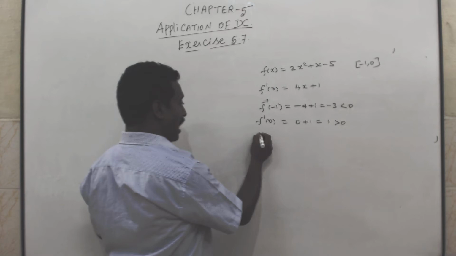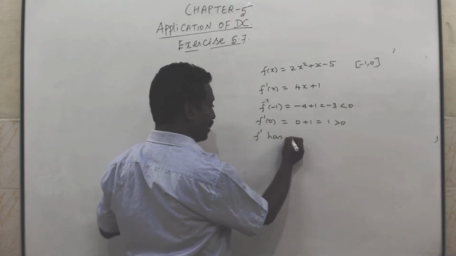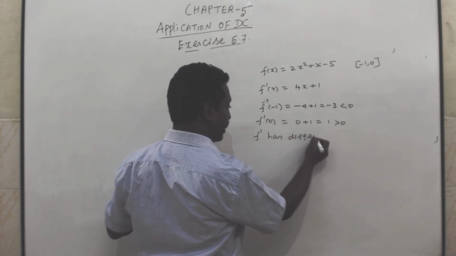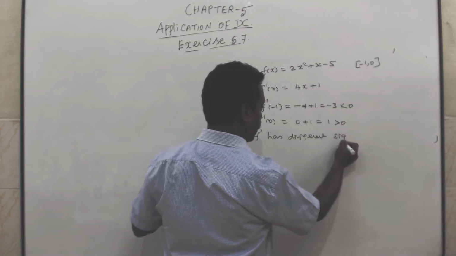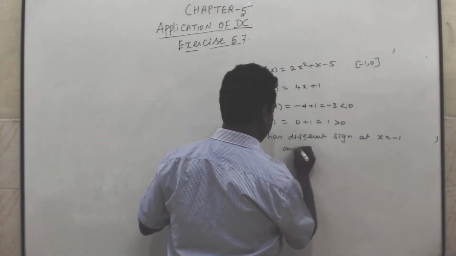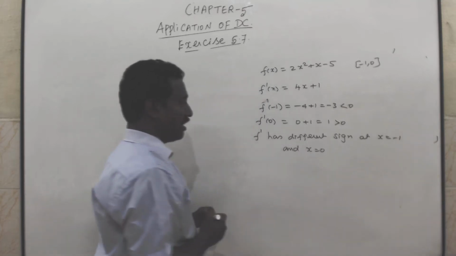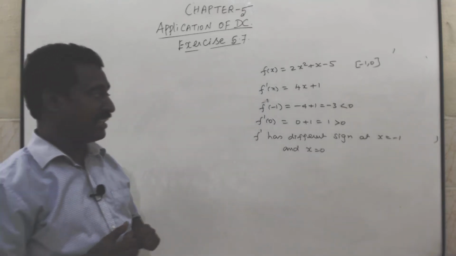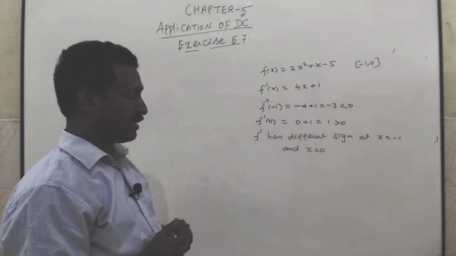Therefore, f dash has different signs at x is equal to minus 1 and x is equal to 0.